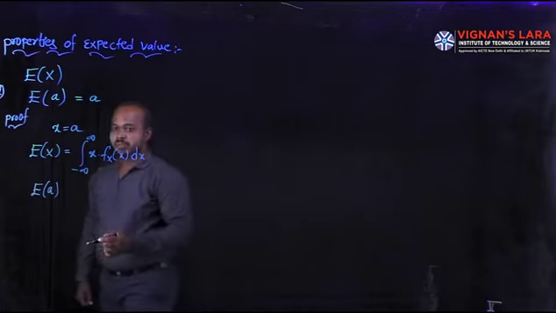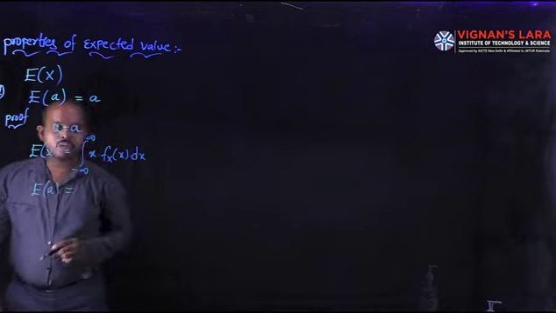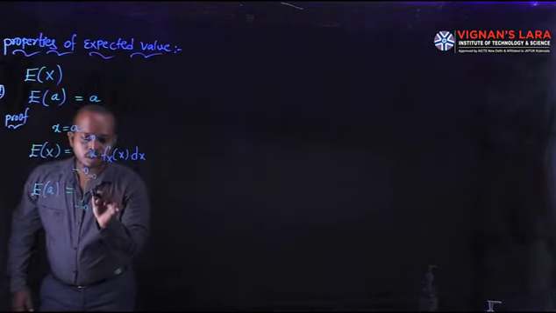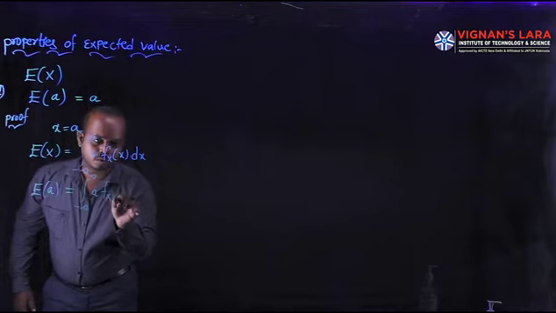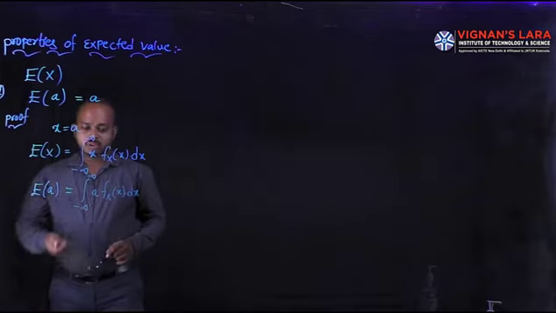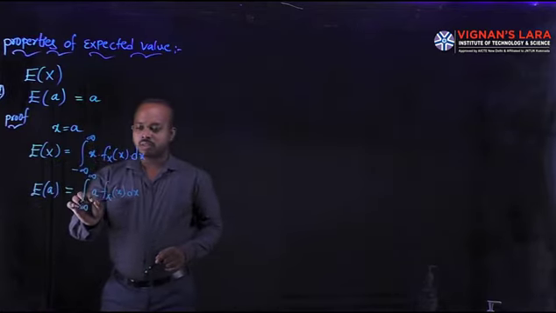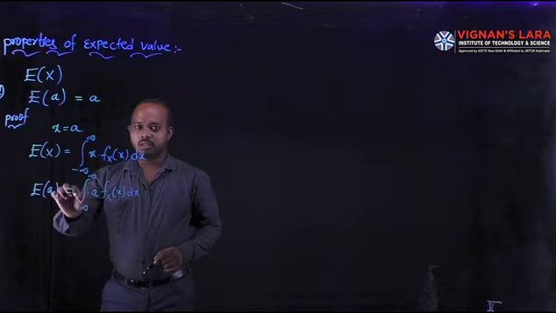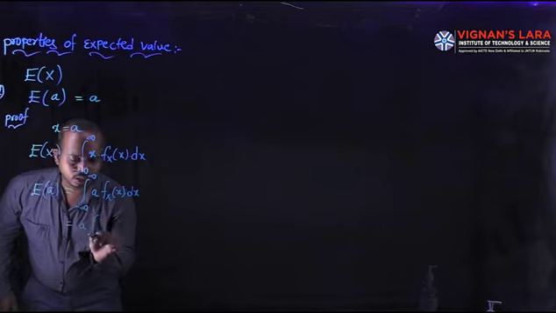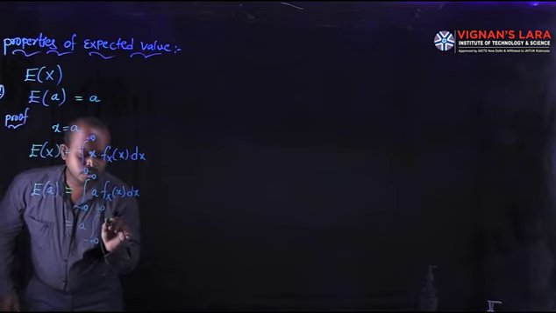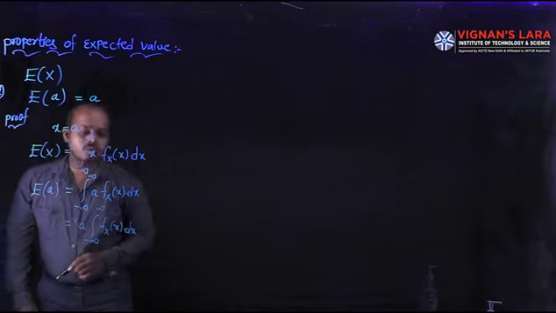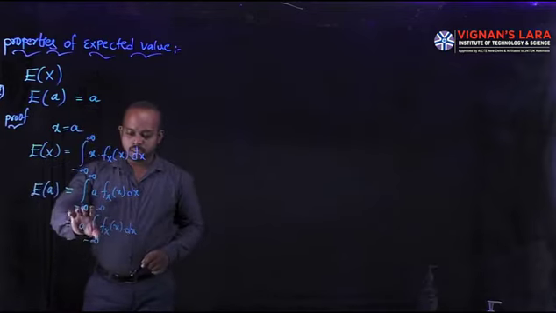So I am replacing the x quantity: the integral from minus infinity to plus infinity of a times f_X(x) dx. In this function, small a is a constant, so I write it outside of the integration and keep the remaining terms as they are: a times the integral from minus infinity to plus infinity of f_X(x) dx.